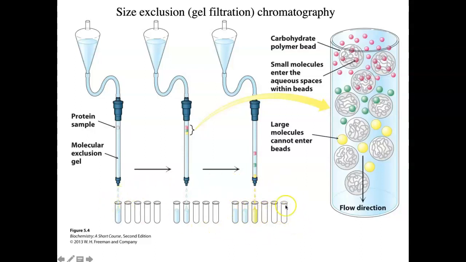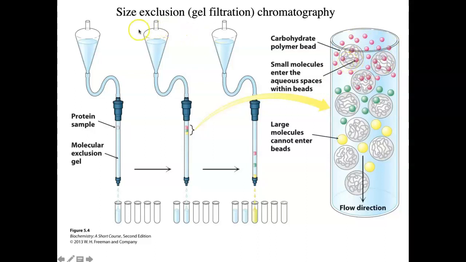So these tubes here represent fractions collected. Now let's think about what's in this column that allows a separation by size. We're going to see that the column is packed with beads, and these beads are usually either agarose or acrylamide, similar to what you saw in SDS-PAGE. The matrix might be similar, or some other polymer that has channels inside these beads.